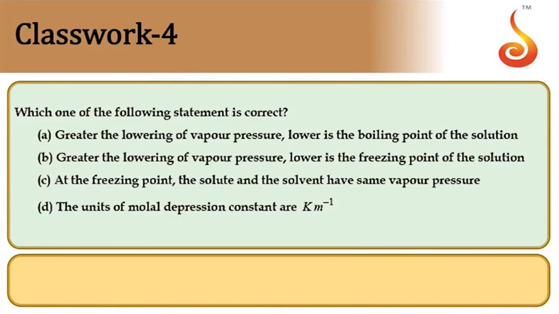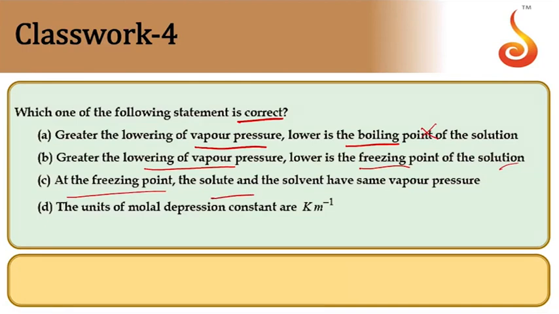Next one. Which of the following statements is the correct statement? Now, the greater the lowering of vapor pressure, lower the boiling point. Not correct, it must have higher boiling point. Greater the lowering of vapor pressure, lower the freezing point of solution. This is true. So lower vapor pressure means it will be lowering the freezing point of solution.